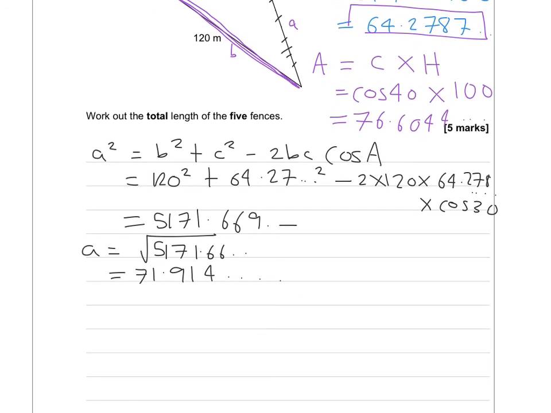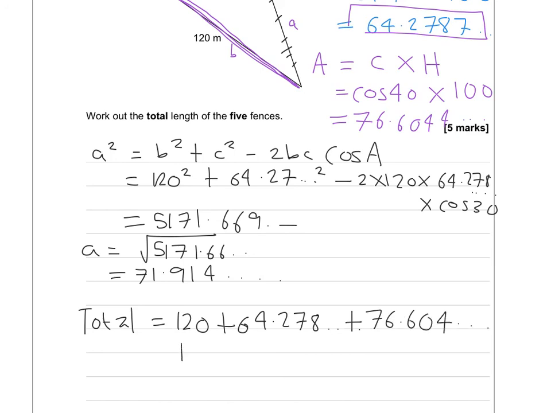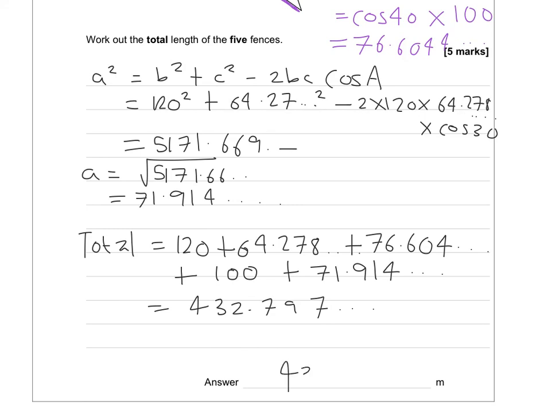The total length is then equal to 120 plus 64.278... plus 76.604... plus 100 plus 71.914... which gives us a total of 432.797, which will round to 433 metres to 3 significant figures.